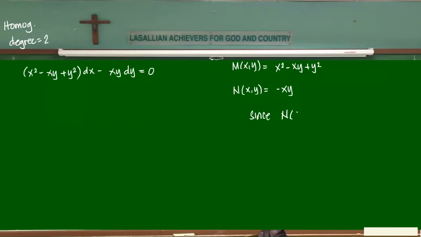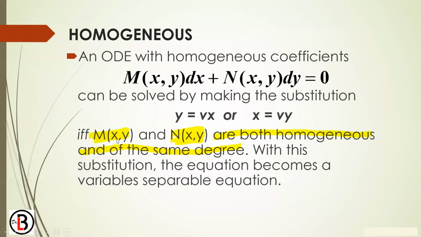Since N, negative xy, is simpler, therefore, look at this. Isn't it that M is typically partnered with dx, N is partnered with dy? Look at the definition. You don't know whether it's going to be y equals vx or x equals vy.